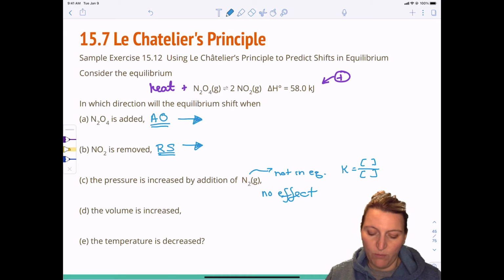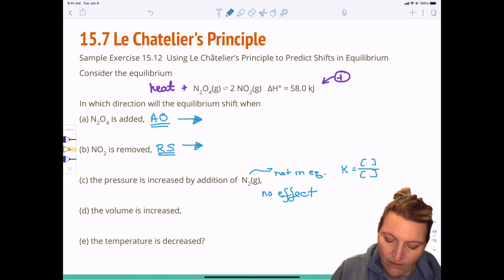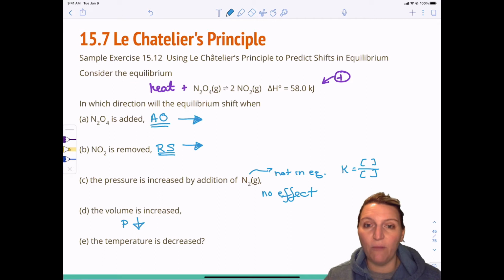Now, what if I change the pressure by what's going on in D? The volume is increased. If I increase the volume, yes, the partial pressures of each of those compounds is going to change. When the volume is increased, pressure is decreased. So pressure and volume are always inversely proportional. As one goes up, the other goes down.